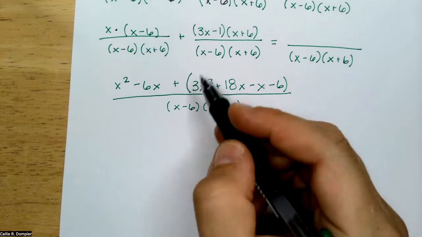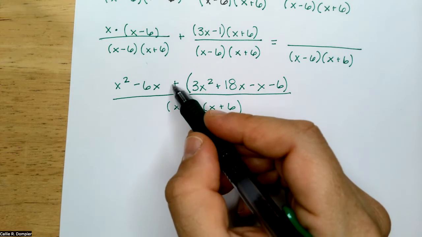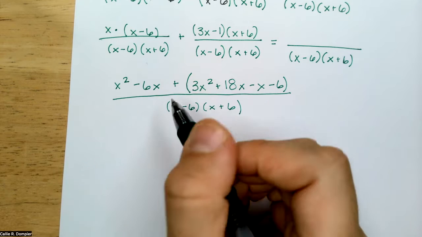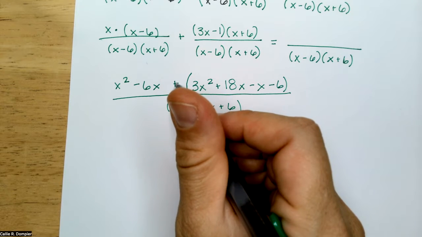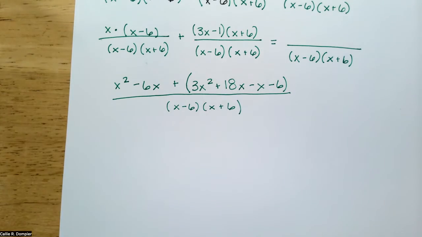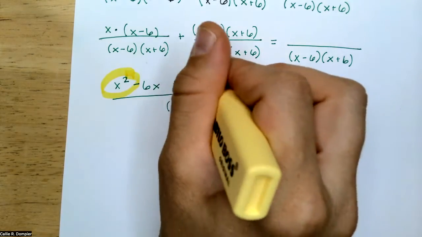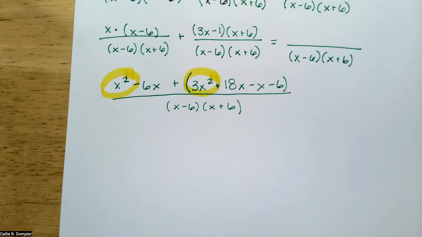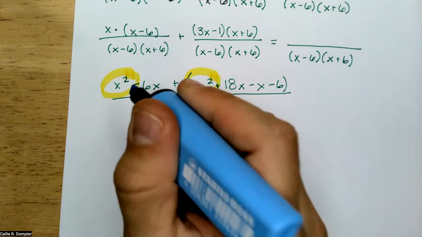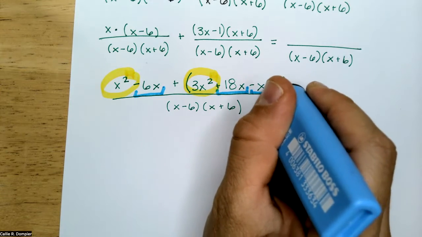Good. Now, again, I said that you can put these in parentheses. That was just to remind you that if it was minus, you would need to put it in parentheses. If you're just distributing the plus sign, it doesn't change any of the signs, so we can ignore that and combine like terms. That's 1x squared plus a positive 3x squared, and we can also combine the negative 6x with the positive 18x and the negative x.